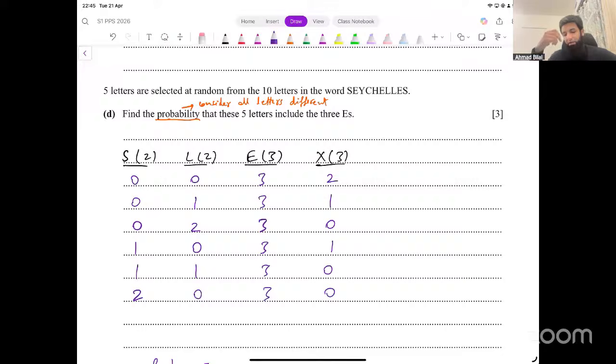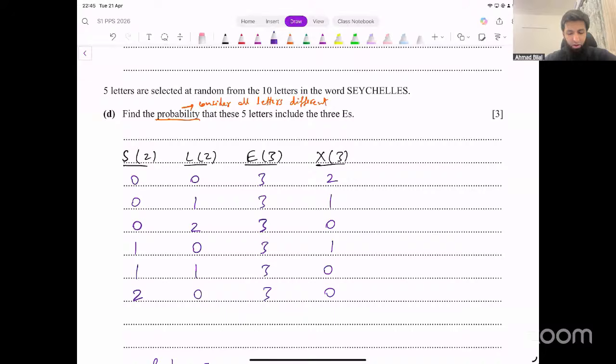Okay. It's only 3 marks. There might be a slightly more efficient way of doing this. The 3 letters are already selected. Seven C2. Actually, yes, you're right.